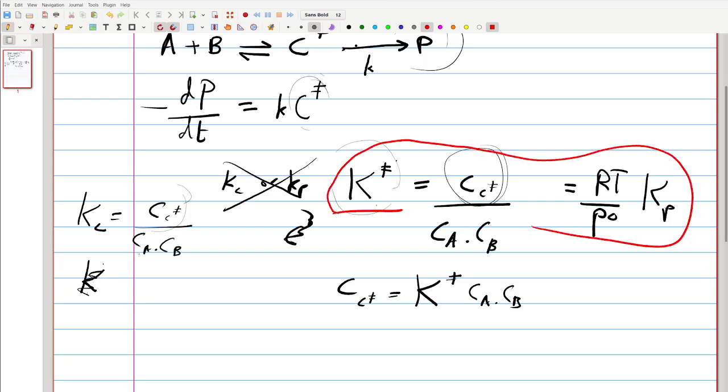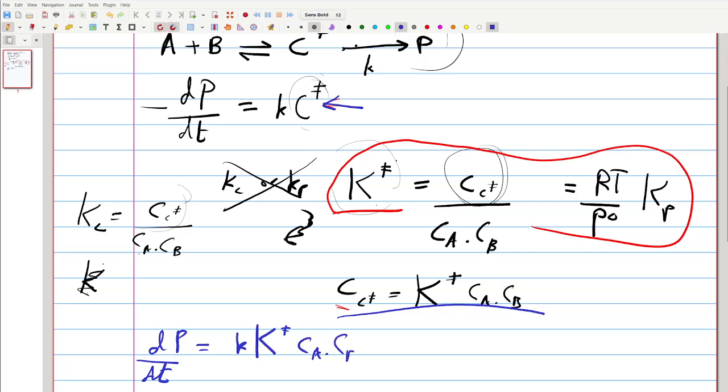Now we take this equation and substitute it there. So you have dP over dt, which is the rate, equal to k times capital K double dagger, Ca, Cb, right? Now remember we're talking about an elementary reaction.